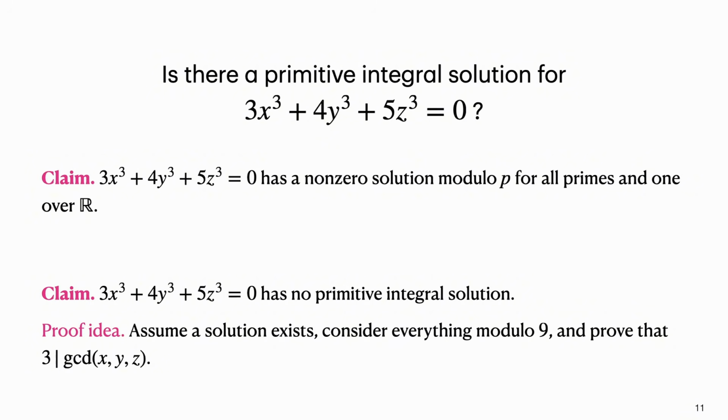Same thing that we did with the quadratic form. There are just more things to check, and more ugly arithmetic. But here is an example of something that has local solutions for all of the primes and the real numbers, but doesn't have a global solution.